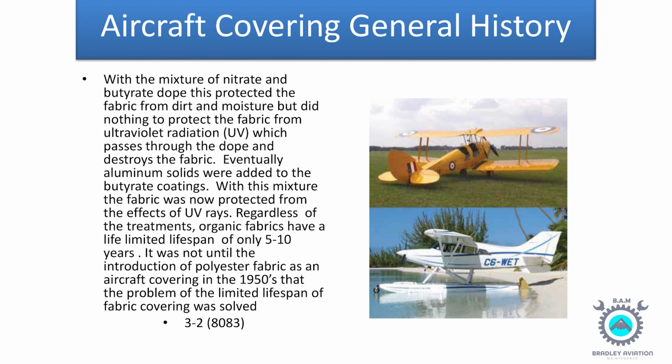With this mixture, the fabric was now protected from the effects of UV rays. Regardless of the treatments, organic fabrics have a limited lifespan of only 5 to 10 years. It was not until the introduction of polyester fabric as an aircraft covering in the 1950s that the problem of the limited lifespan of fabric covering was solved.